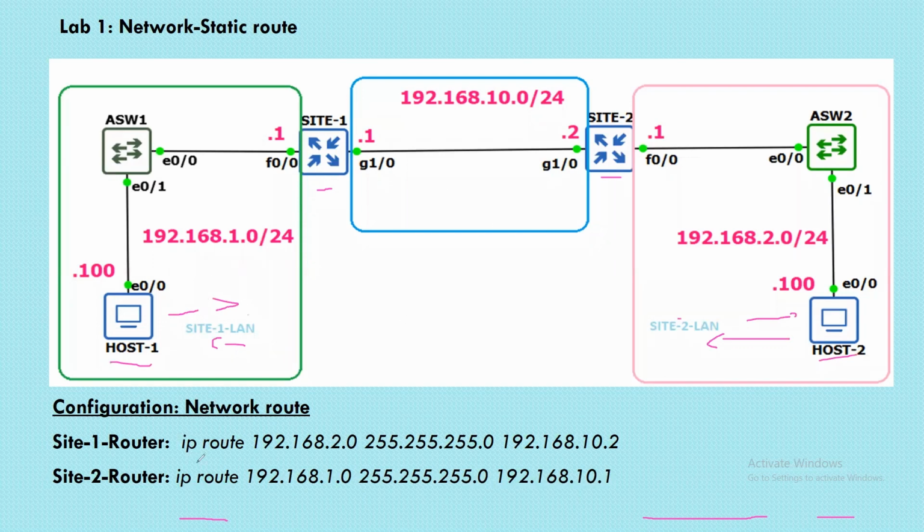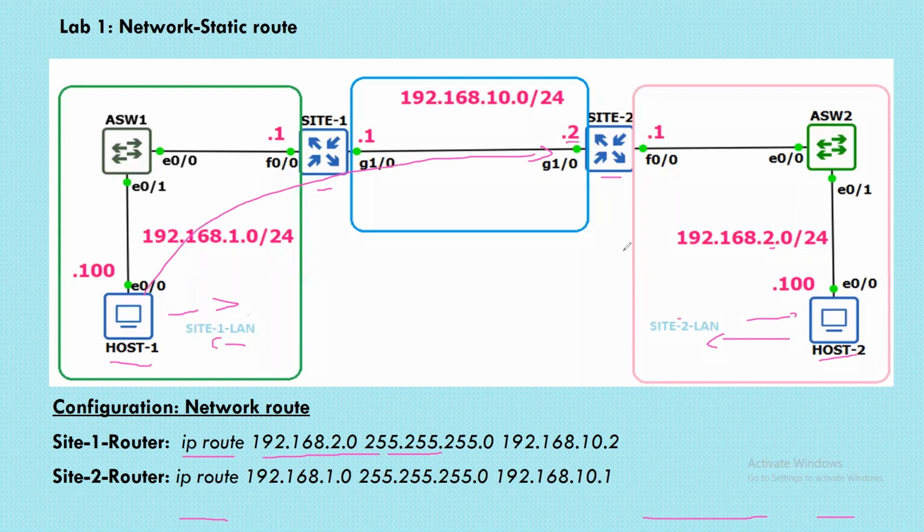As per our syntax, we configure in global configuration mode: ip route, destination network, this one for router 1, and this is the network mask, and we should identify our next hop. When we want to access this network, our next hop is this router's .2.